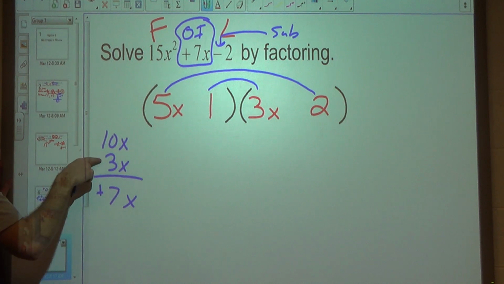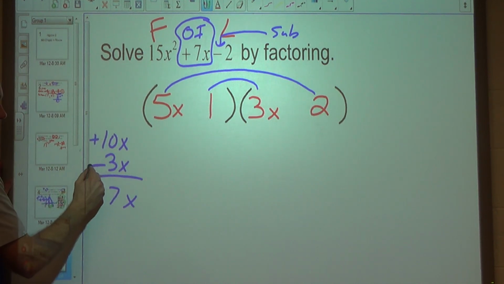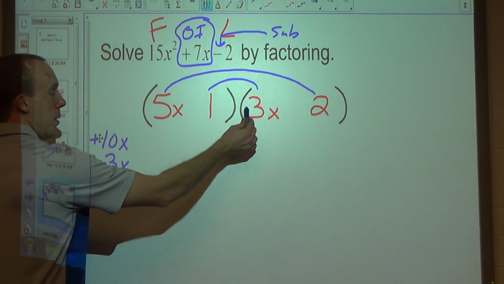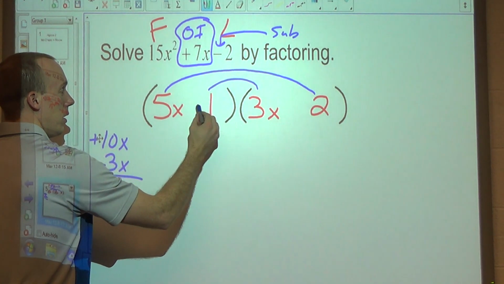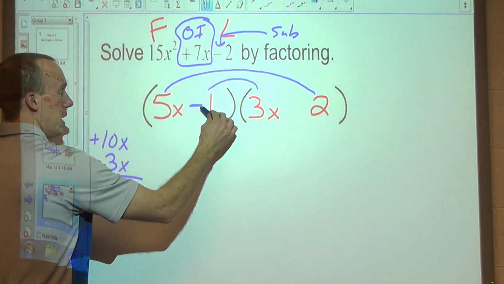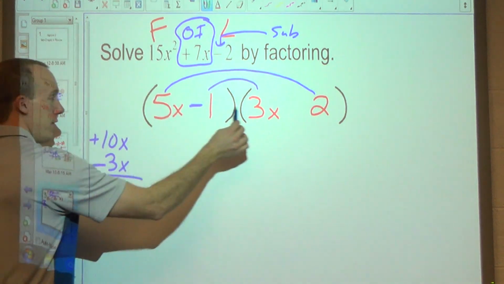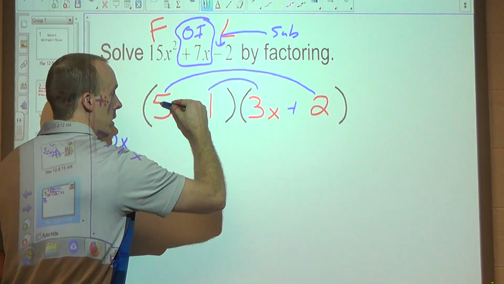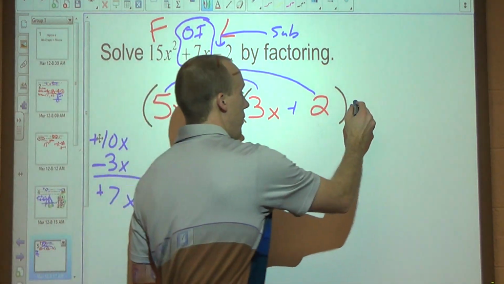What's the signs that got to be on these? Positive and then a negative. So the 3 is negative. Well, I can't put a negative in front of the 3 here, so where's the negative have to go? Out in front of this one. Do you see how it could be -1 times positive 3 gives me -3. 5x times positive 2 gives me positive 10x. Okay? So now I have factored it correctly.